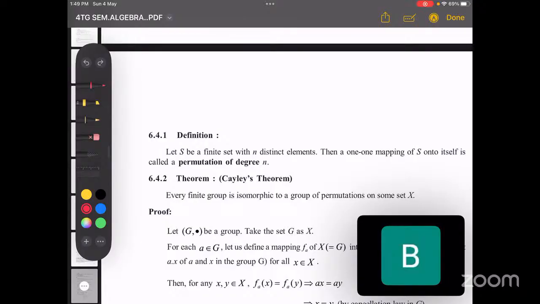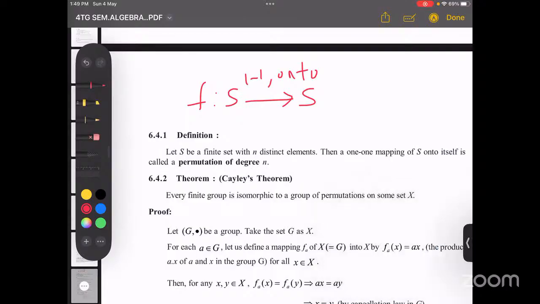If f is a mapping from S to S, where S is a finite set with n distinct elements, and the mapping is 1-1 and onto, we call it a permutation group of degree n.